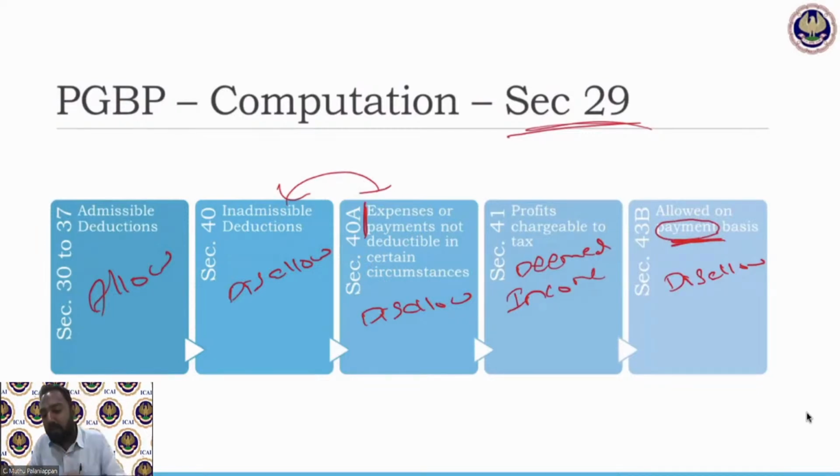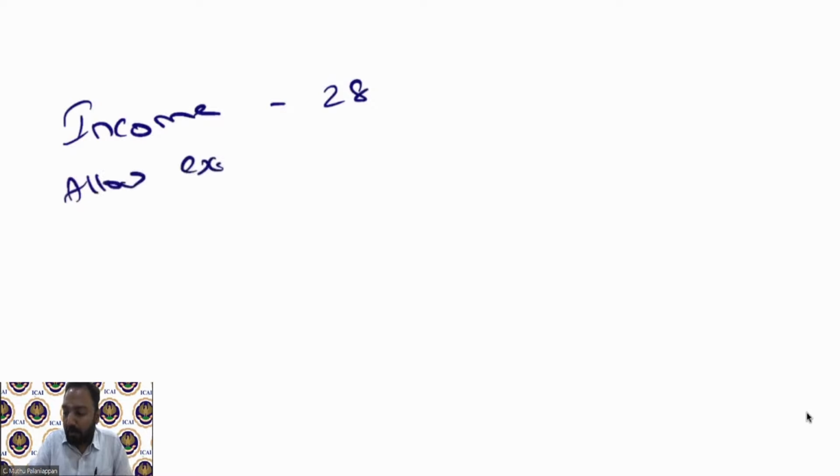So this is what we are going to discuss in section 43B. Now the structure is, I compute all the income under section 28. Then allow expenses which are covered under 30 to 37.